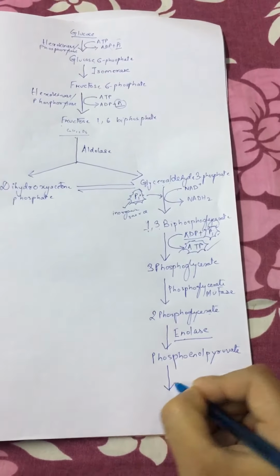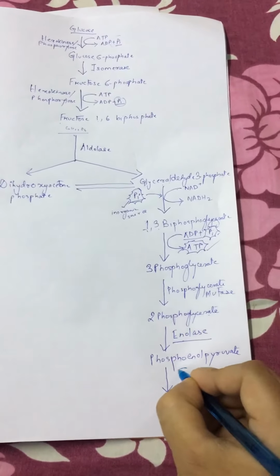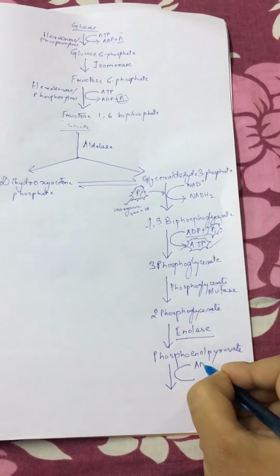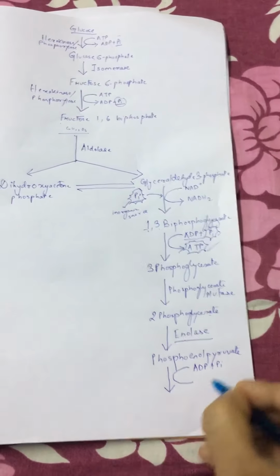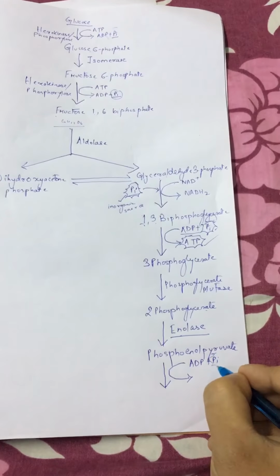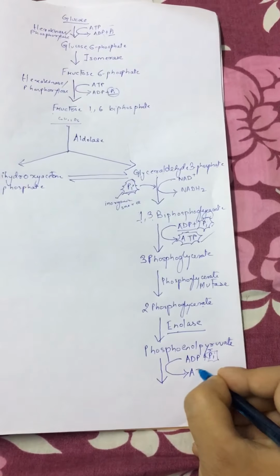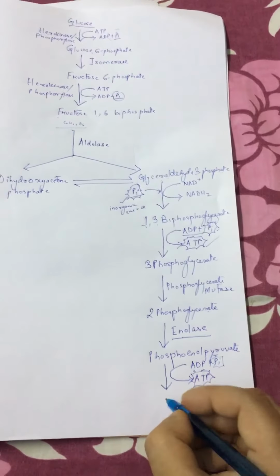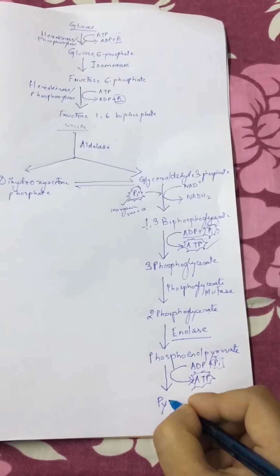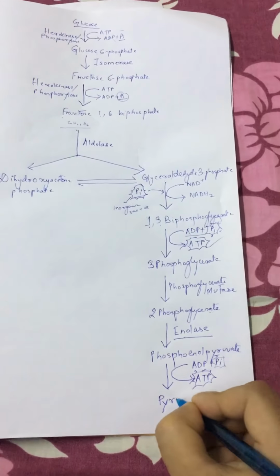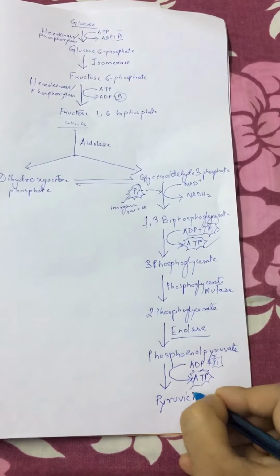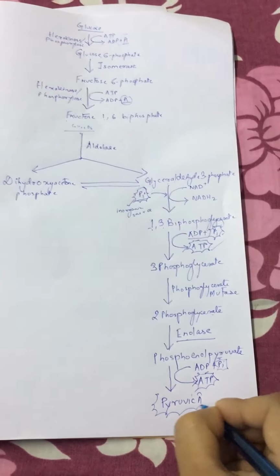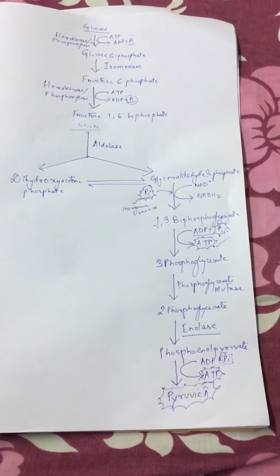Now this phosphorus group will again come out, and when it comes out, it will combine with ADP. So this is the inorganic phosphorus which has come out from the phosphoenol pyruvate, and we'll get an ATP molecule, and finally phosphoenol pyruvate will convert into what? Pyruvic acid. So we have got one pyruvic acid.